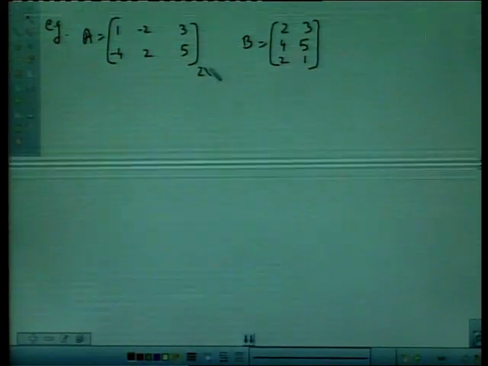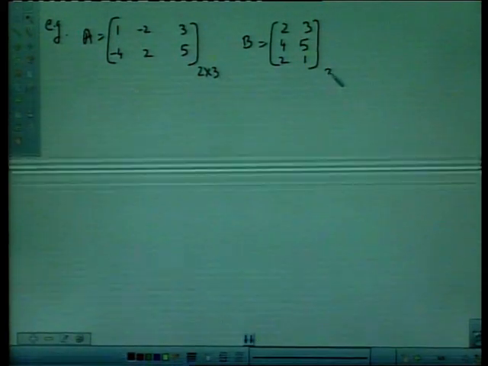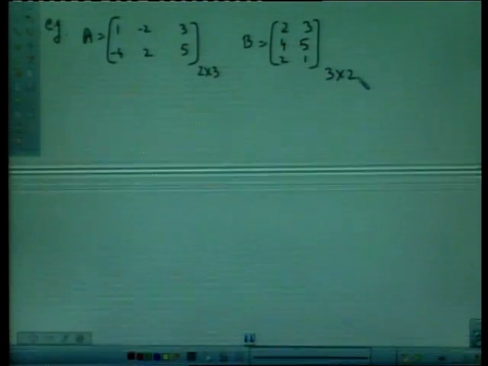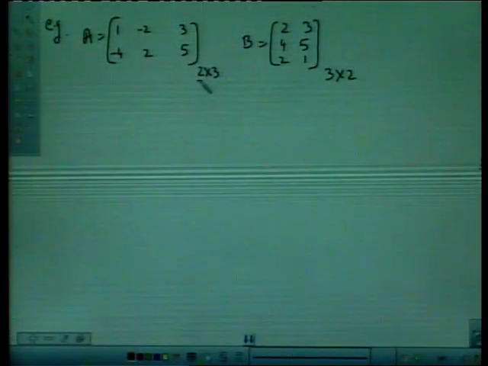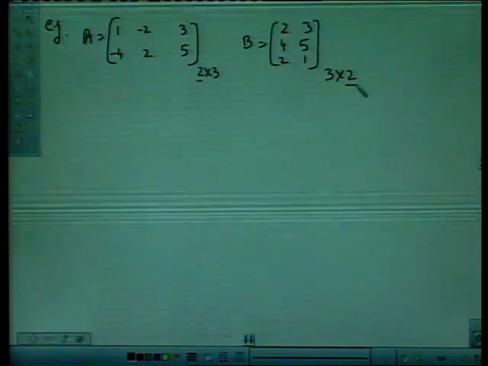Now A has 2 rows and 3 columns, and B has 3 rows and 2 columns. Number of columns equals number of rows, so the product is possible.